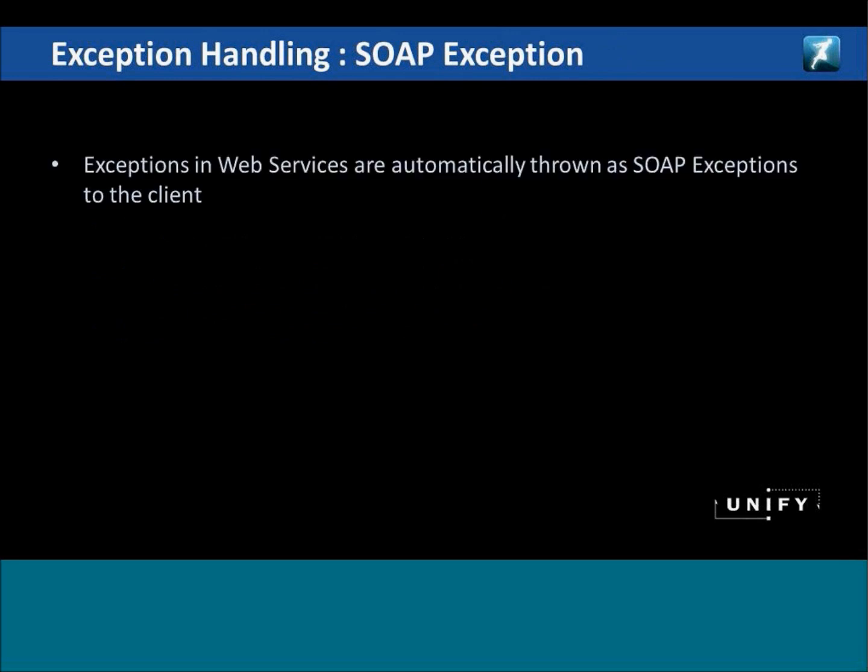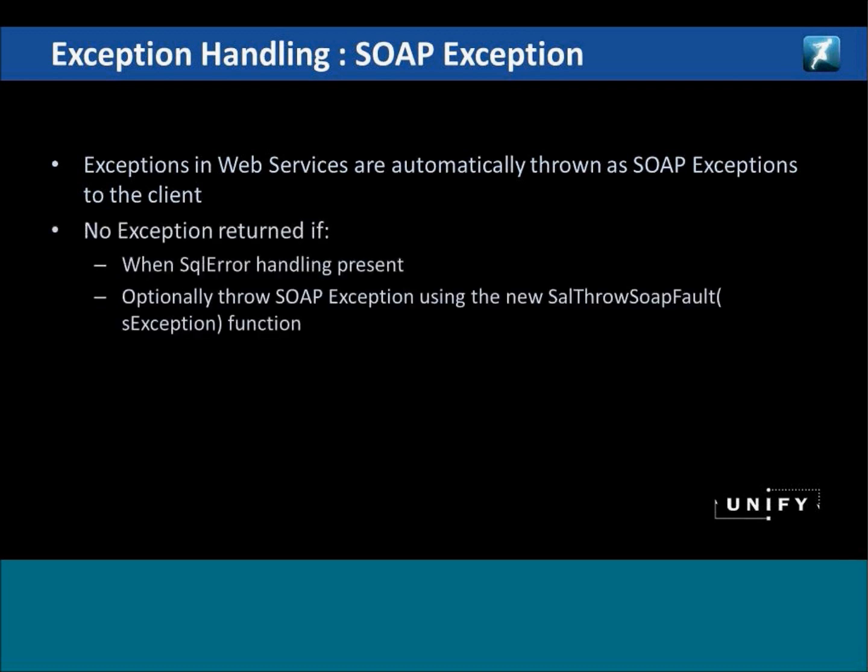And when we talk about SOAP or web service exceptions, this is important. If there is an exception in a web service class, then this exception is automatically thrown or forwarded to the client as a SOAP exception. So the client will see that something has gone wrong in the central web service. No exception is returned if When SQL Error handling is present. And when you have When SQL Error handling present, you can optionally throw the SOAP exception yourself.